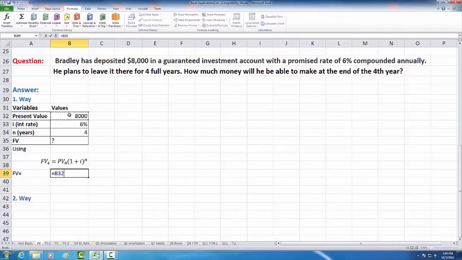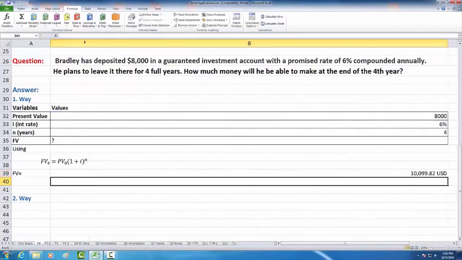So present value, which is $8,000, B32, times, open a parenthesis, 1 plus the interest rate, to the power, this is the power sign, 4. Just when you click enter, you will have the answer.